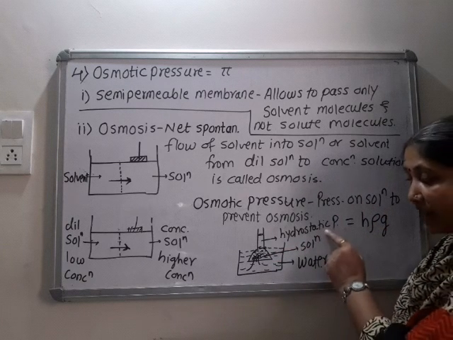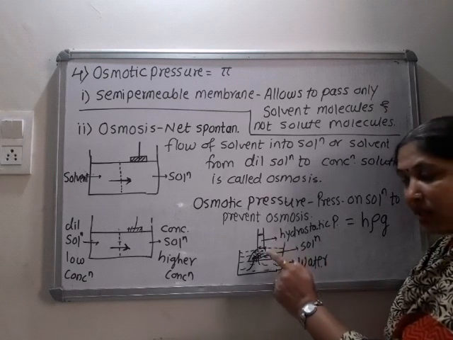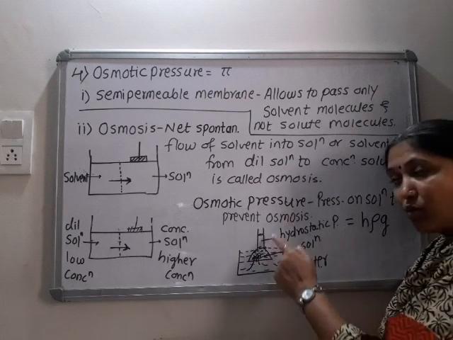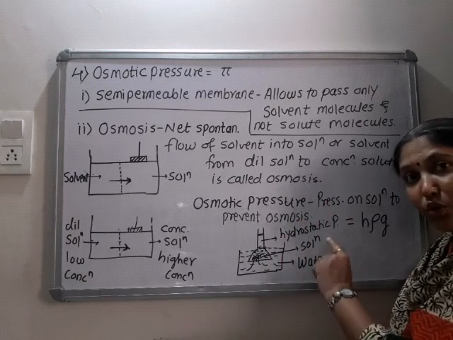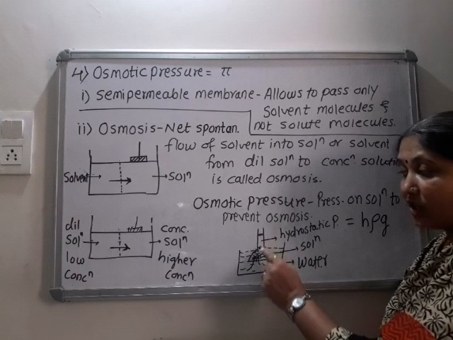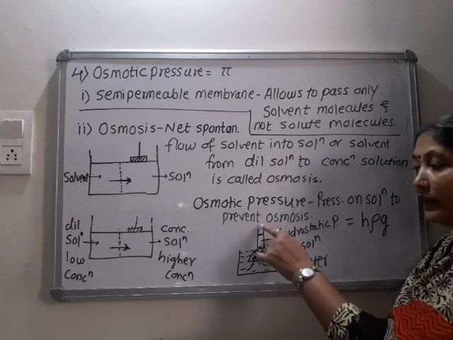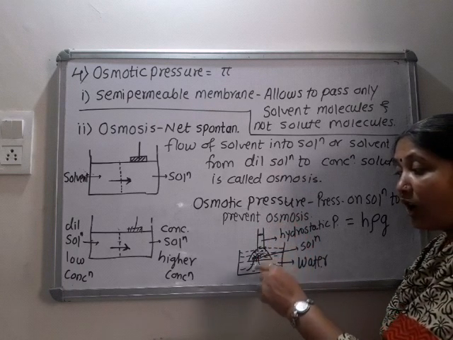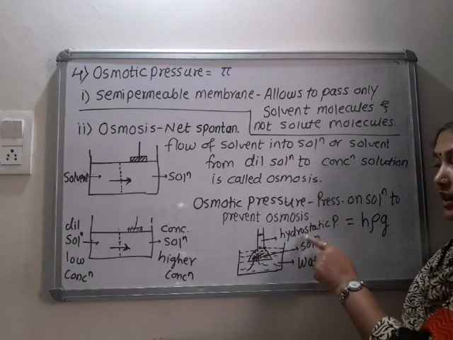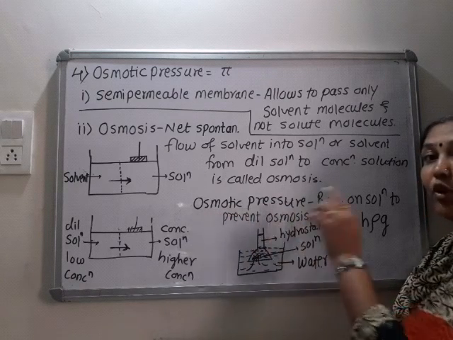Here no sugar, so as compared to this it is a dilute solution, so water is going to enter into this thistle tube through the semi-permeable membrane, but only up to a certain level. This entry of water into solution is osmosis, and due to its entry a pressure is created in the thistle tube on its own, and that pressure does not allow more water to enter. So the pressure exerted is called hydrostatic pressure, and that hydrostatic pressure is playing the role of osmotic pressure.